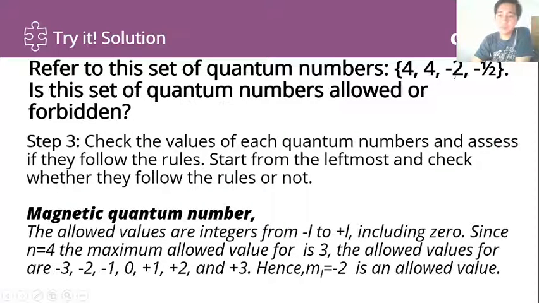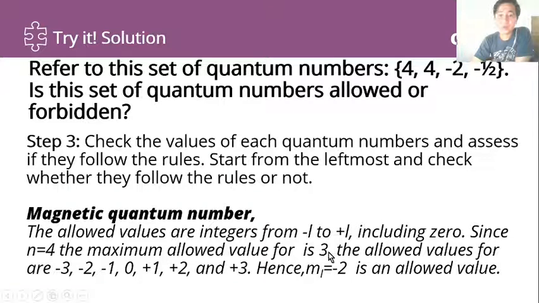Next, the third number here is the magnetic quantum number. Let's see if it is correct. Again, what are the allowed values for the magnetic quantum number? It's integers from negative L to positive L, including 0. Since n is equal to 4, therefore L is equal to 3.